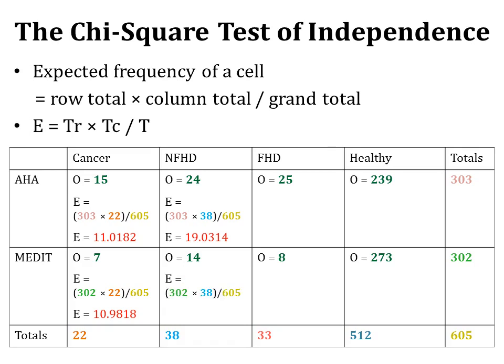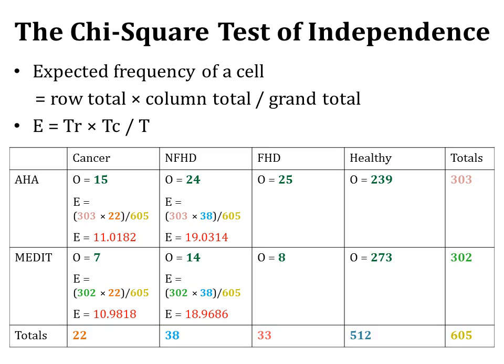So the row total is 302 and the column total is 38. They're multiplied and then their product is divided by the grand total, which is 605. So we have the expected frequency 18.9686 here.